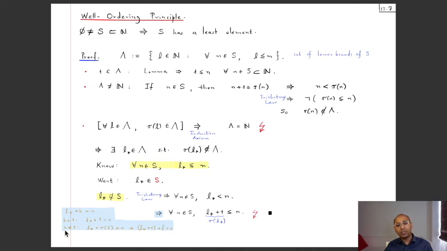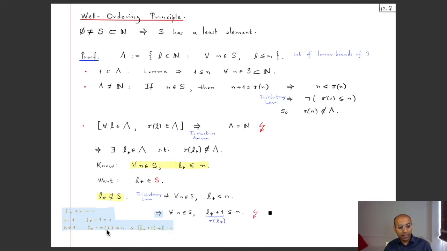So now let's suppose that k is not equal to 1. Then by the theorem, we know that every natural number not equal to 1 has a predecessor. In other words, every natural number which is not equal to 1 is the successor of something. So this k, when it is not equal to 1, is the successor of some L. So sigma L is equal to k. So that means that L star plus sigma L is equal to n.